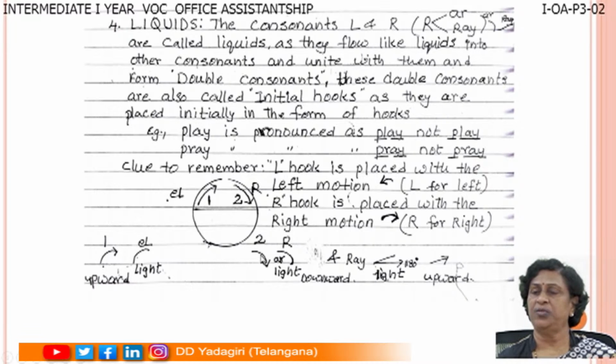And the next part, that is R. This is L, this is R. R is this part of the curve and it is written downward. For L you have to go up; for R, from this part you have to go down. So R and ray.